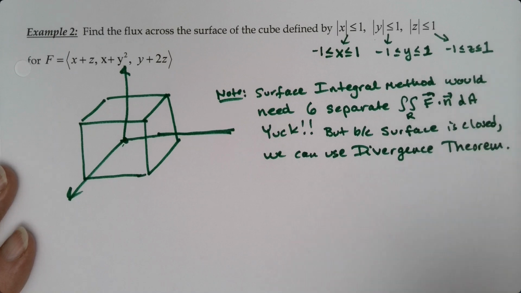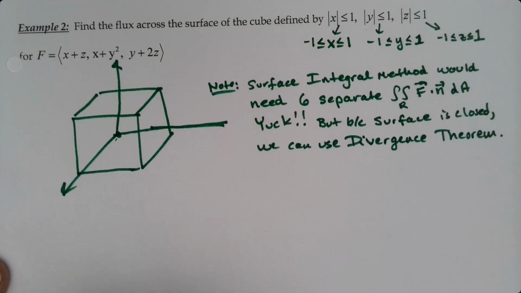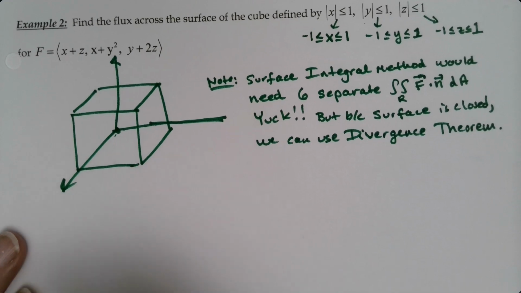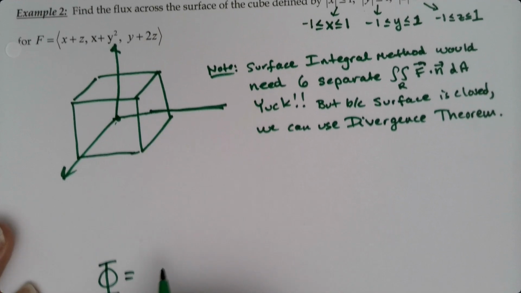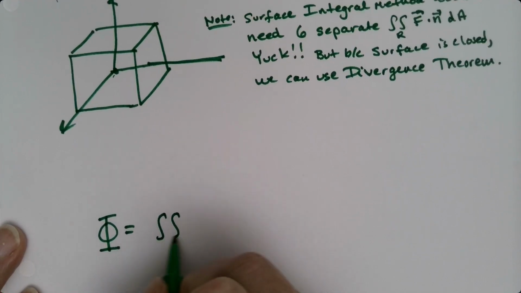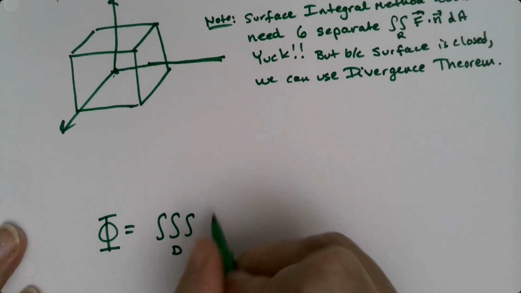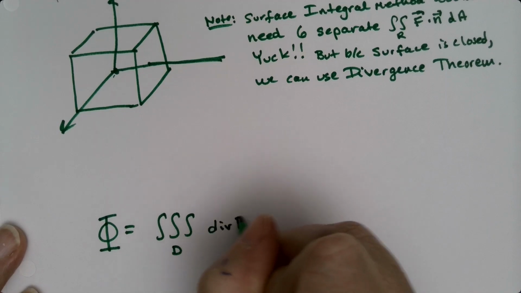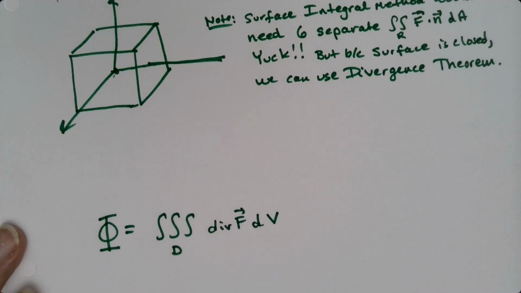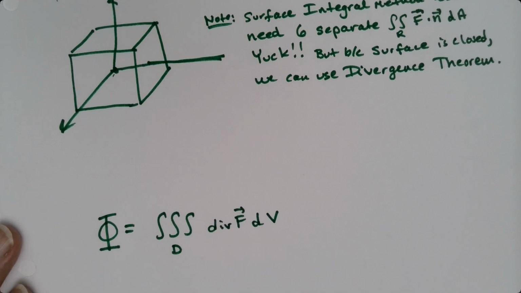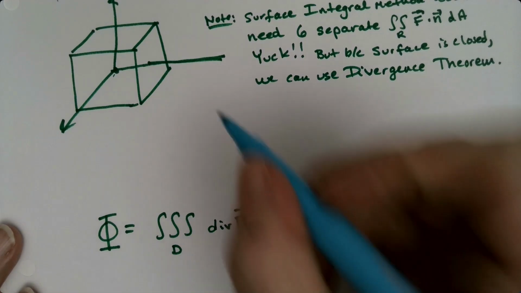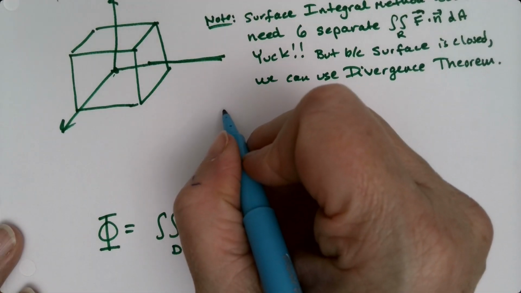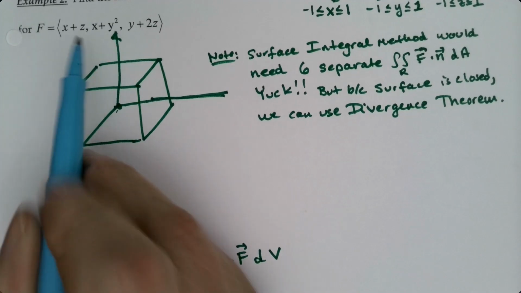All right. Now, what is the divergence theorem? The divergence theorem says, and I'll write it down here, I'm going to leave us some space, that the flux is equal to the triple integral over the solid of the divergence of F dV. Okay, so to do that, we're going to need to find the divergence of F. All right, well, let's go find that. So F was written right up here, so I'm not going to rewrite that.